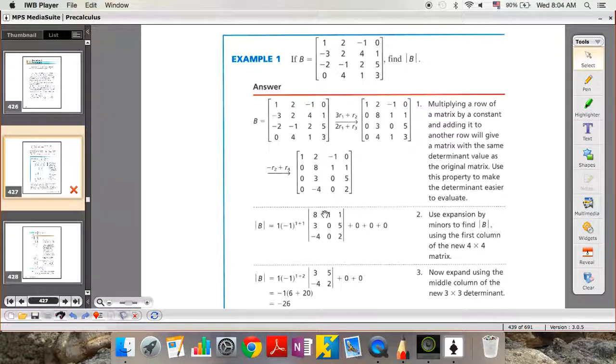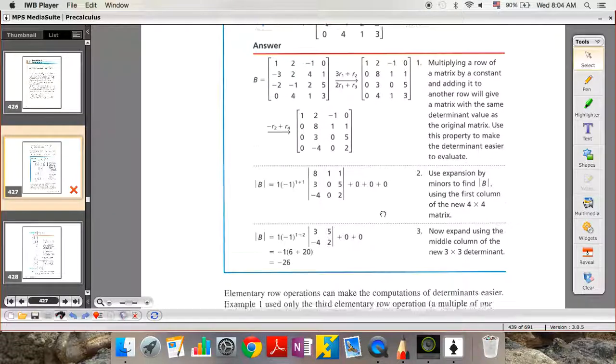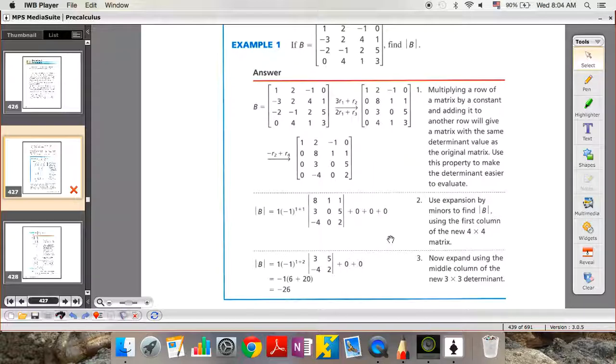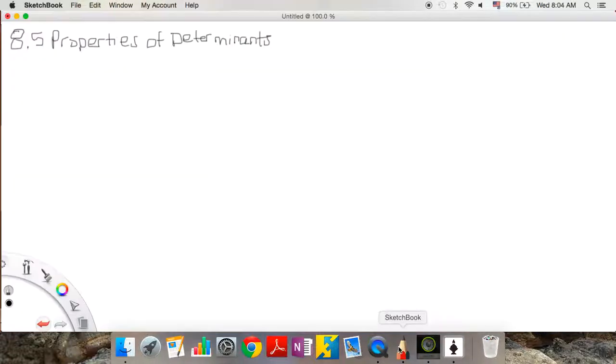And then to find this 3 by 3 one, we can expand along this column, and again, we've got our first cofactor and then 0 and 0, and that makes it easier to figure out the determinant. Now, elementary row operations can make the computations easier. This one makes it easier by using Gaussian elimination techniques where we add multiples. So there's lots of other ways that we can look at this.